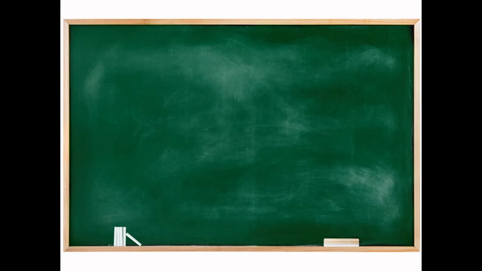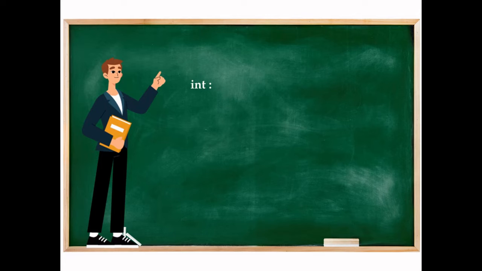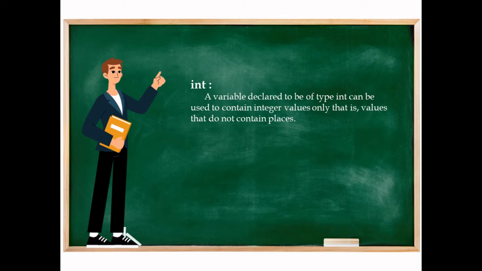Firstly, let us take up int, the first basic built-in data type. A variable declared to be of type int can be used to contain integer values only, that is, the values do not contain any decimal places. The int data type occupies 1 word of storage, and since the word sizes of machines vary, the size of an integer that can be stored depends on the computer.